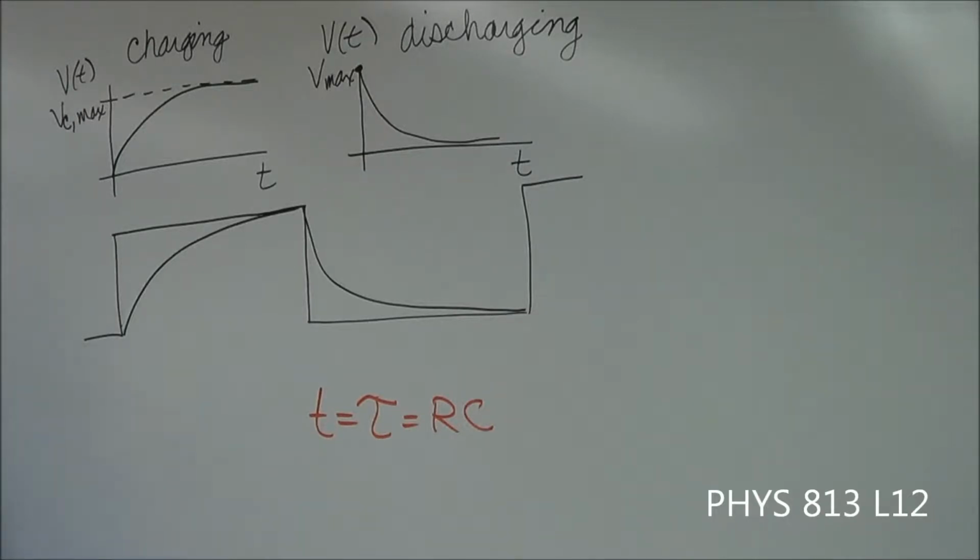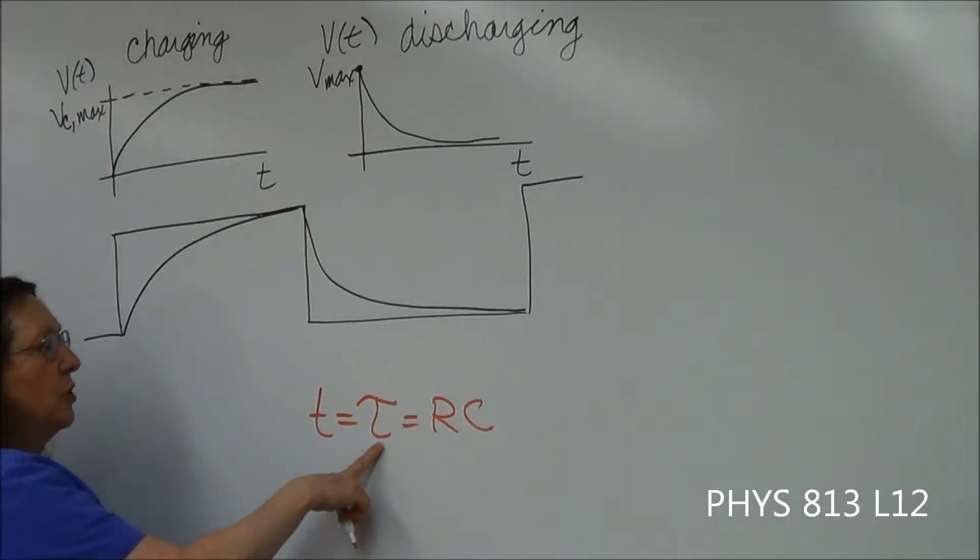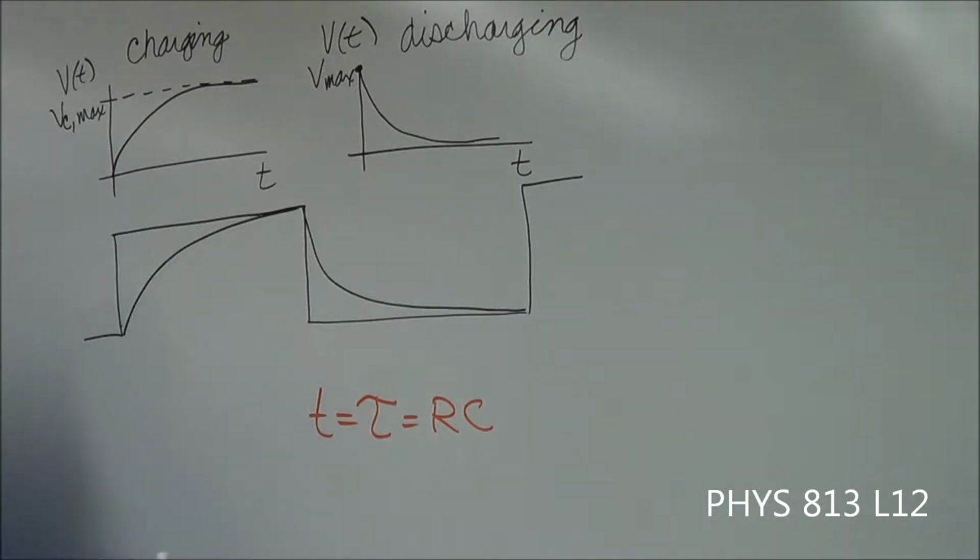If you go back to lesson 7 and look at the equations beside the graphs, and you put in 1 tau for t, then tau over tau gives you 1, and you have e to the minus 1 in the equation.